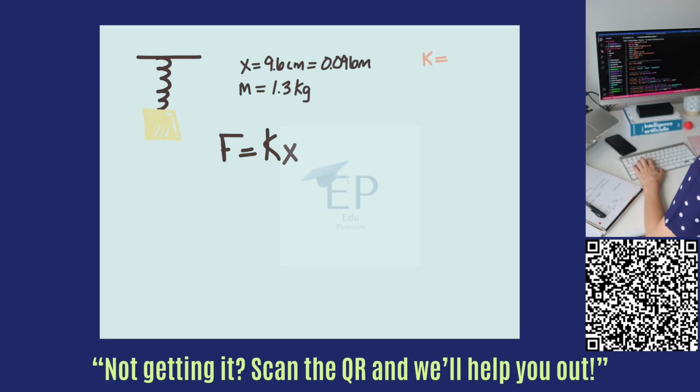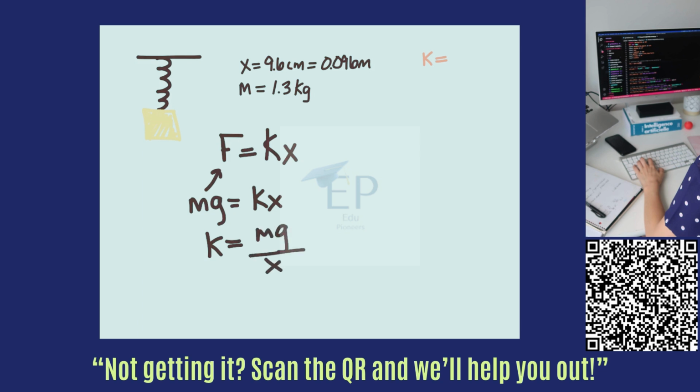And in this case, because the force acting on this system is the force of gravity, we're actually going to replace our F with mass times gravity equals kx. Solving for k, we change this equation to k equals mass times gravity divided by x.